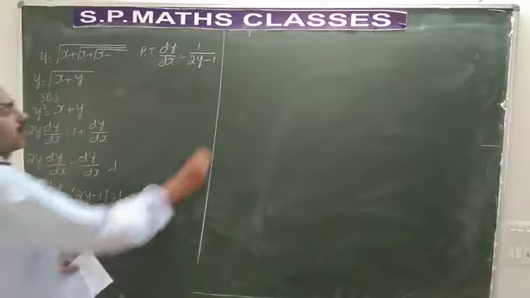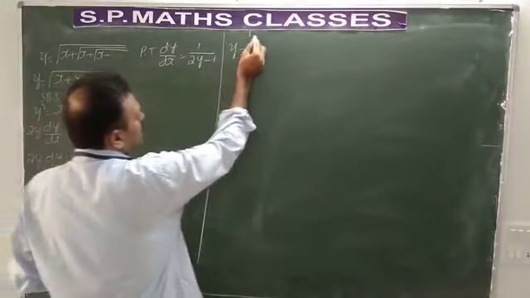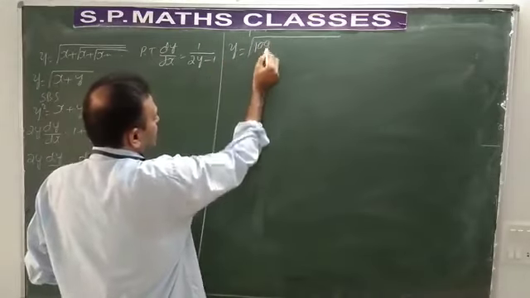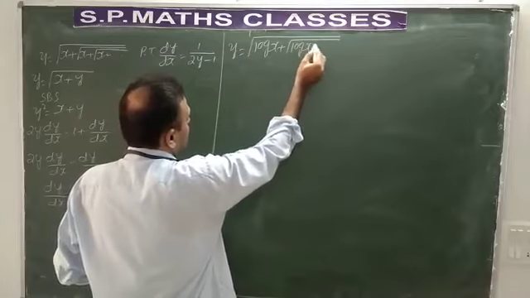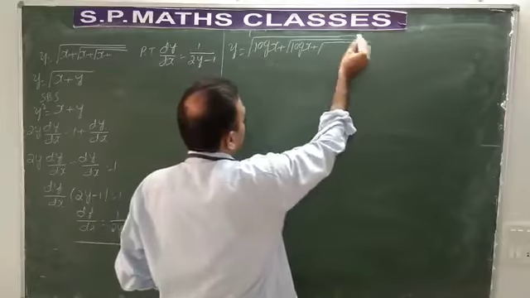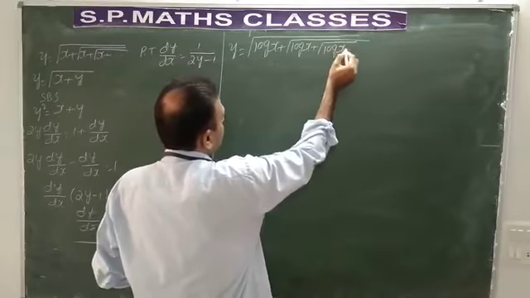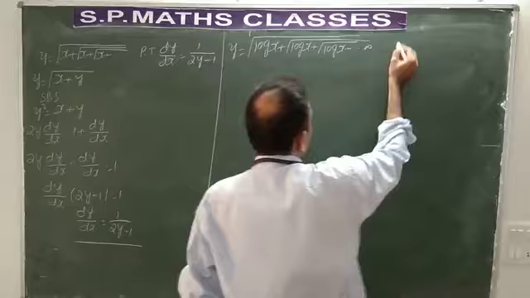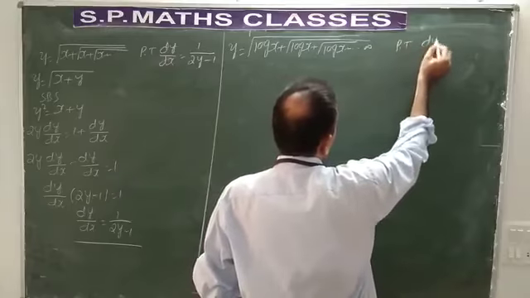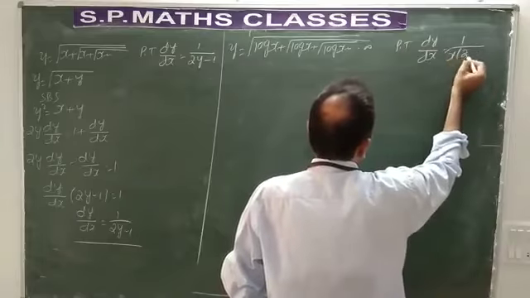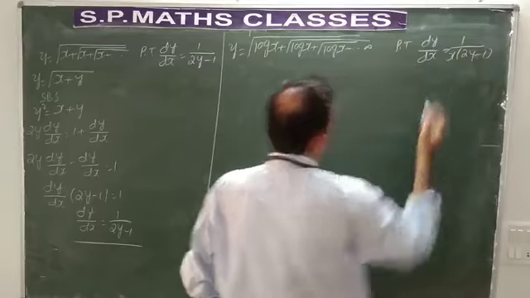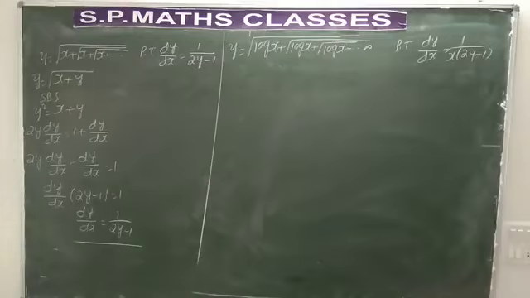Similarly, we will take one more. y is equal to root of log x plus root of log x plus root of log x, etc., up to infinity. Prove that dy by dx is equal to 1 divided by x into 2y minus 1. That's what you are required to prove.